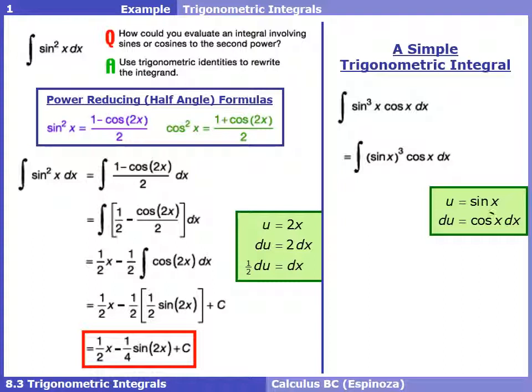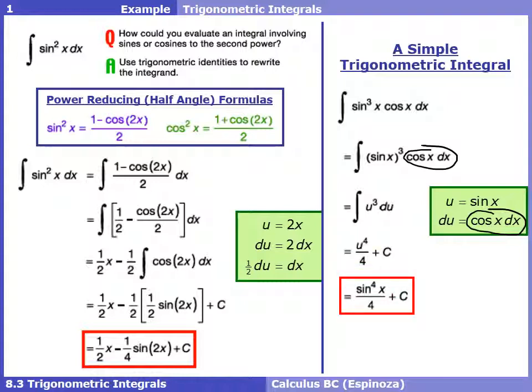We do see a cosine x dx in our problem, so we can make this one big u substitution. Sine x becomes u, so it's u cubed. Cosine x dx becomes just du, and this is a nice, very straightforward integral. We'll get u to the 4th over 4 plus c, or when we plug the u back in, sine x to the 4th power all over 4 plus c.